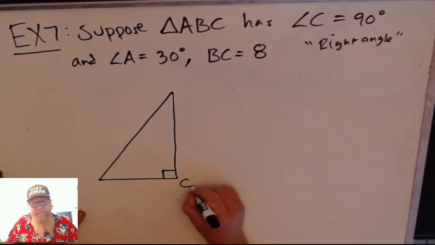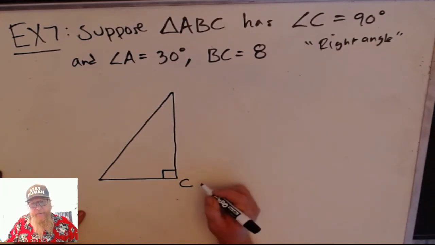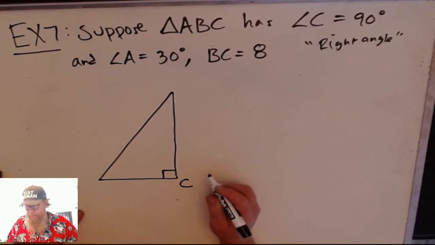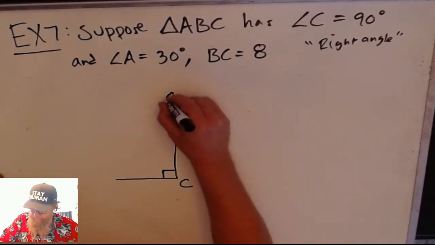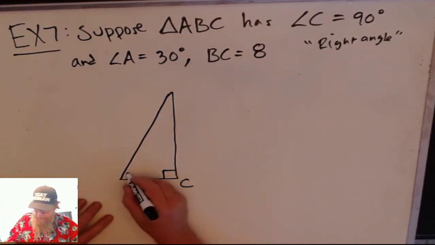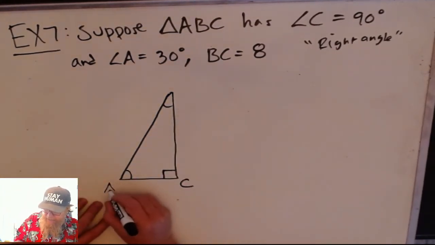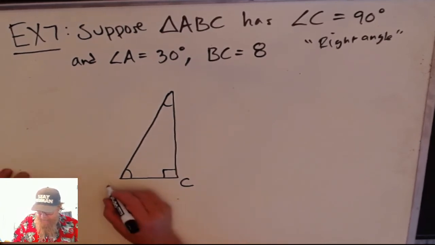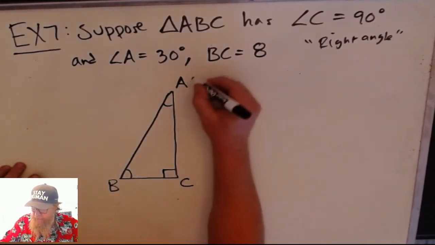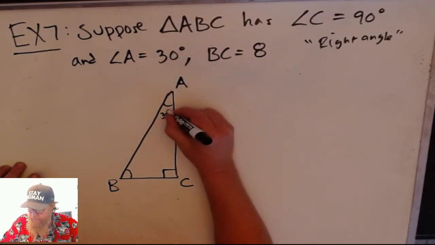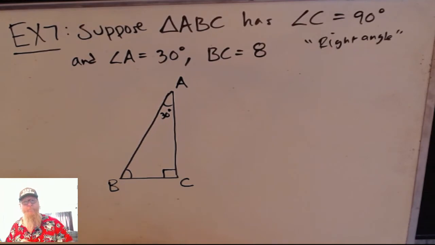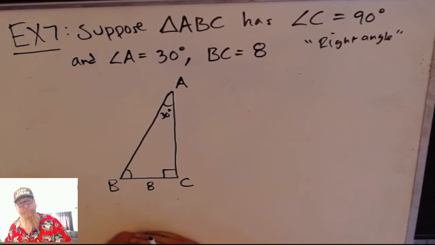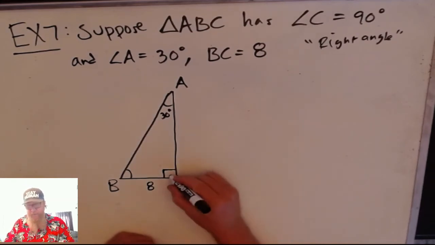This is C. Now I'm going to put A down here. Oh, no, actually I'm going to put B down here, sorry, and A up here, because A is 30 degrees. And then side BC is 8. And this one's 90.